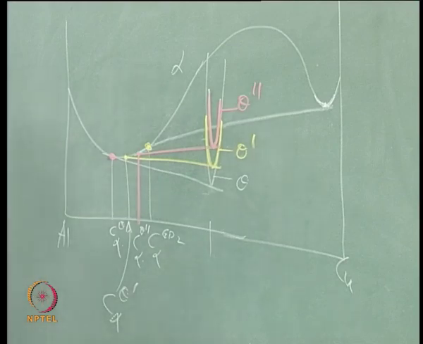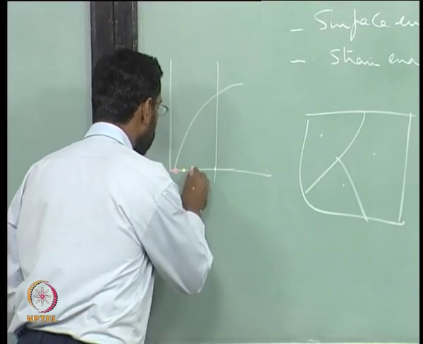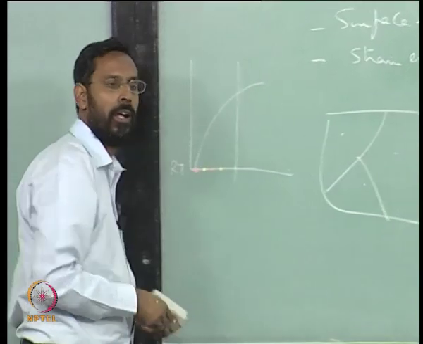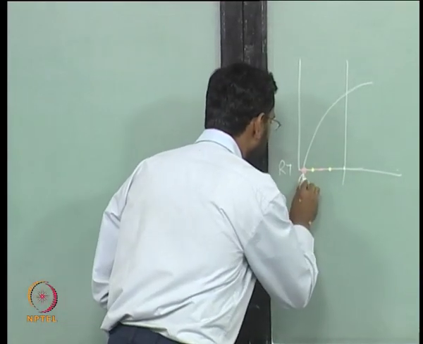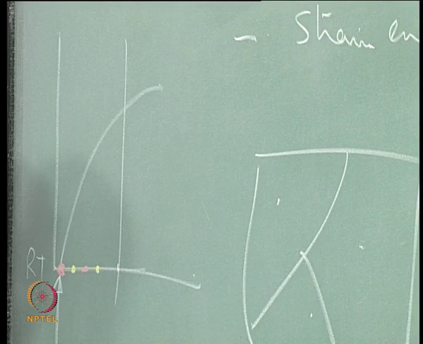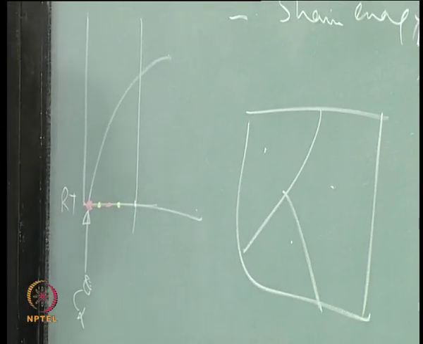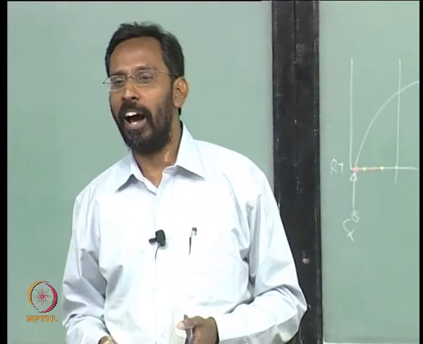Okay. Now if I put all these points on the phase diagram, you will see 4 different points. One is the equilibrium composition of alpha in equilibrium with theta. We are not talking of lower than alpha or higher than alpha.